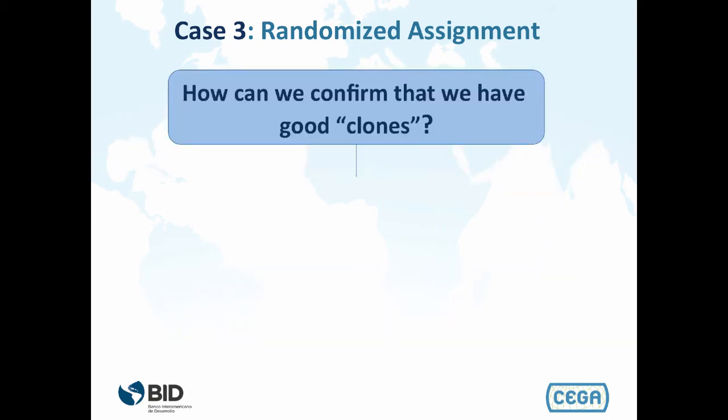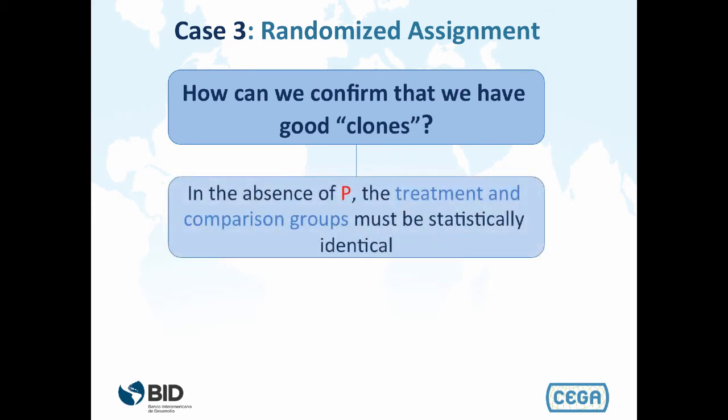So how can we confirm that we've got good clones? So we've decided on the unit of randomization. We have chosen how to do the randomization, a coin flip in this case. We decided that the unit should be the community level. Now we've done the baseline survey and we want to verify we have good clones.